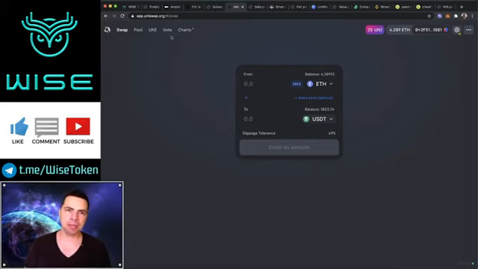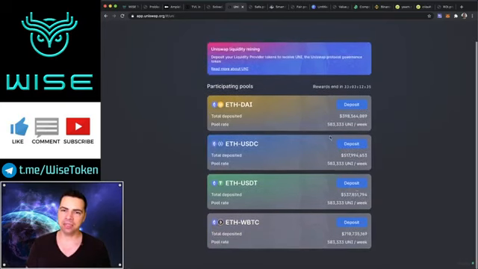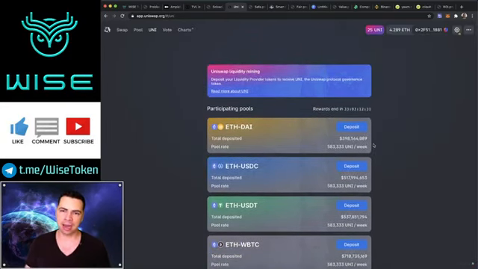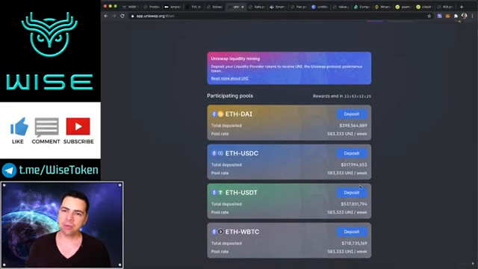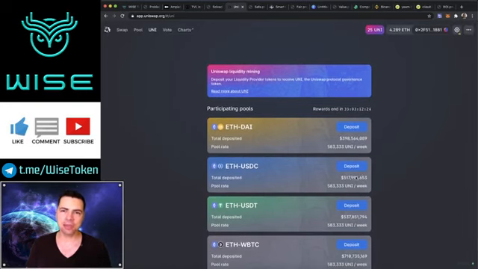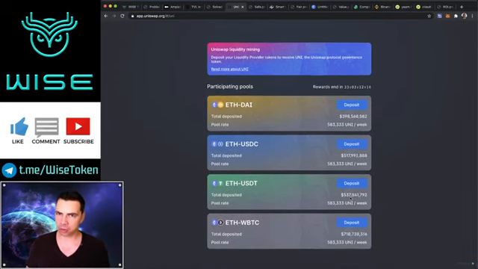And the reason why people are incentivized to provide this liquidity is because, this is a lot of money, right? There's like $3 billion on Uniswap right now, total. The reason why people are incentivized to do this is because every time somebody trades, there's a little fee that's paid. And that little fee gets split between everybody who is providing this liquidity.